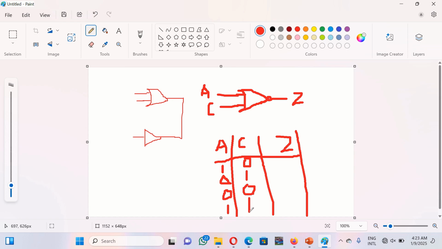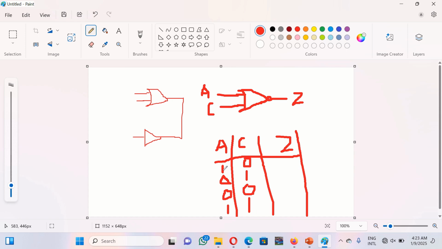So ideally, for the OR gate, the first part should give me 1 because the OR gate requires at least one input to be positive before I get a positive output. So when I say positive, I'm talking about one. Okay, the positive means that it is on, which is one.